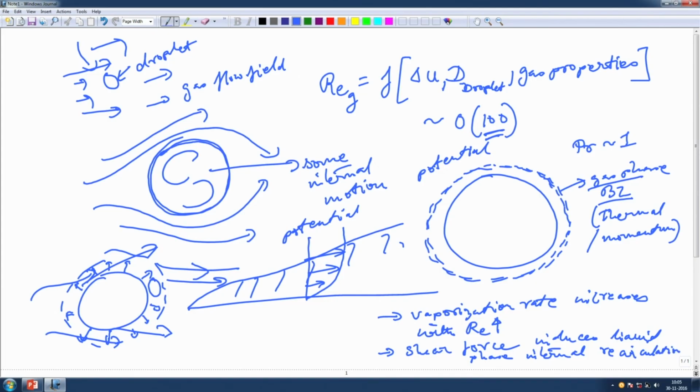These are the two prime things, and there exists a gas phase boundary layer. Does there exist a liquid phase boundary layer also? You bet, there also exists a boundary layer in the liquid phase. The structure of that boundary layer is very hard to compute, but we will see what we can do about that. So, these are the two important things that we have mentioned over here.